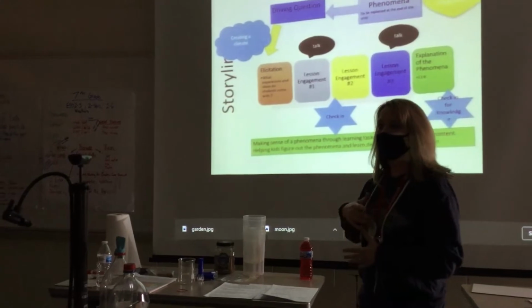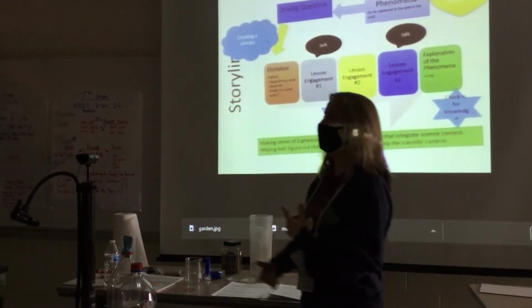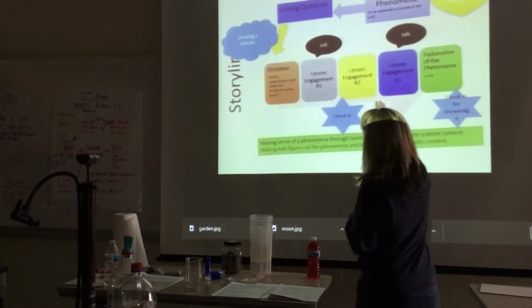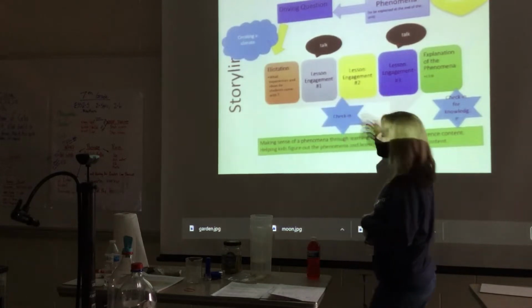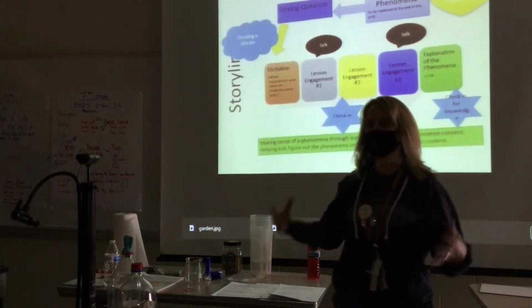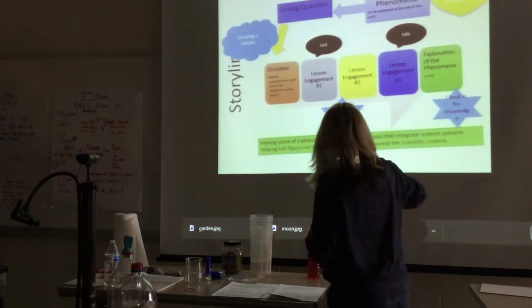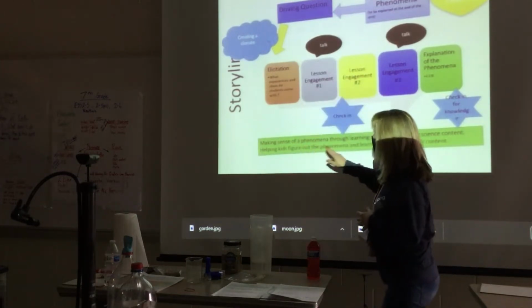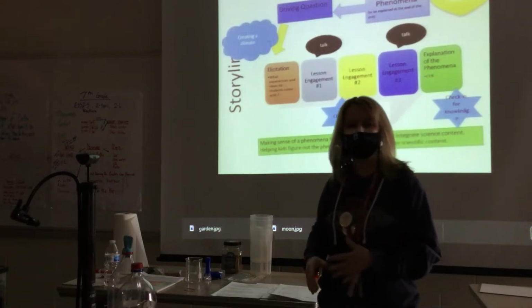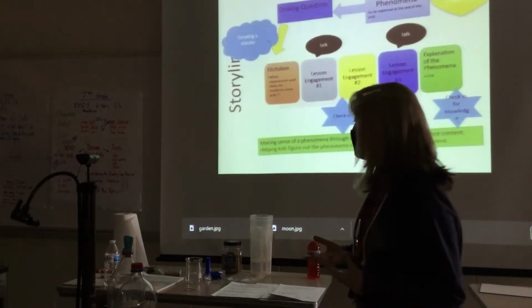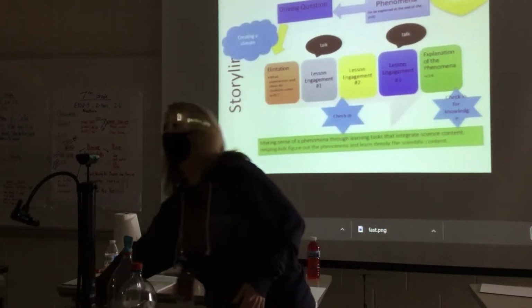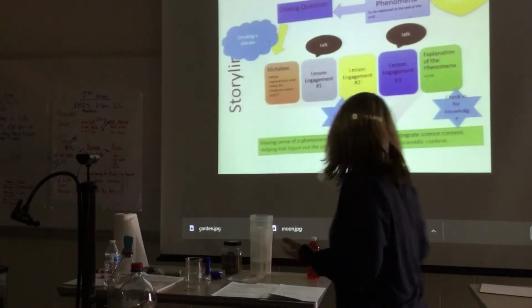And then those student questions drive your unit. The rest of your lessons are going to be based off small investigative phenomena. These would be like your labs. Till they get to the end and they go back to the original phenomenon, and they should have all their questions answered and be able to explain the ideas behind that original phenomenon.